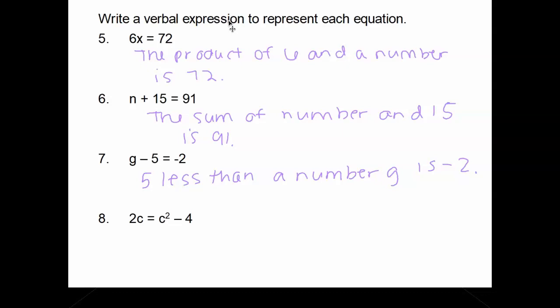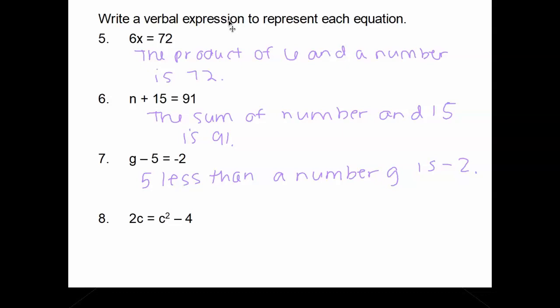The 5 has to be what comes in front of if you use the words less than. Because what you're saying is, here's my number, I'm going to take 5 away from that number. So if your number was 10, 5 less than 10 is 5.